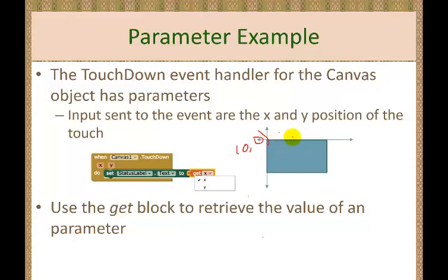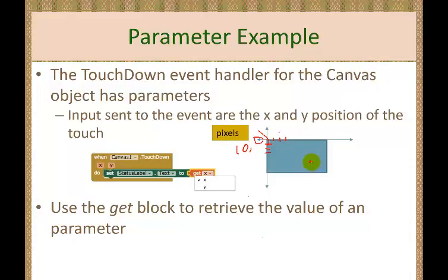And what are the units of measurement? So if you recall in Cartesian coordinate systems, you have units of measurement. In most GUIs, you have these rectangles, and these units of measurements are pixels. So if your user touched a certain place on a canvas, that's going to have an X value of how many X pixels over it is, and Y value of how many pixels down it is on your canvas.